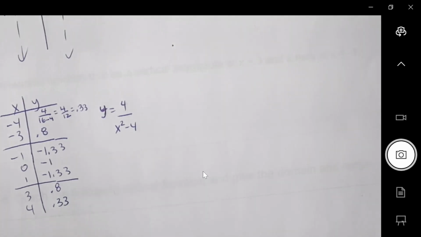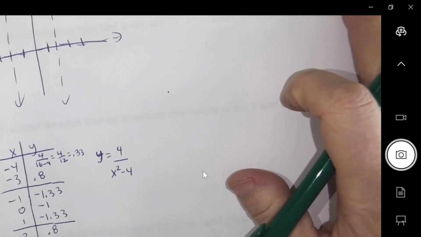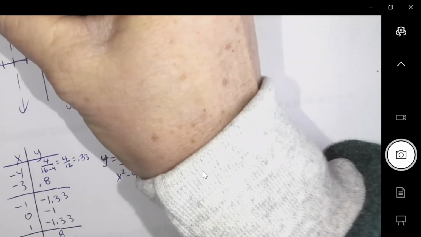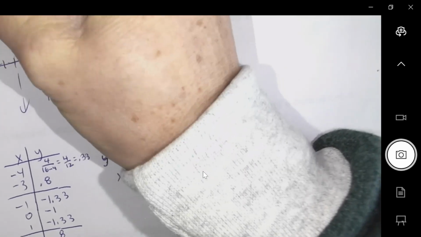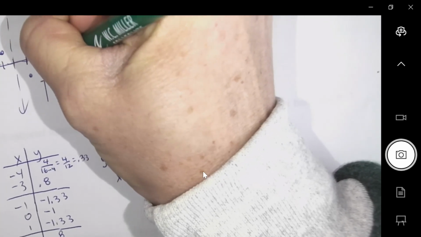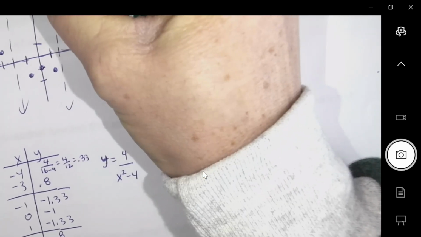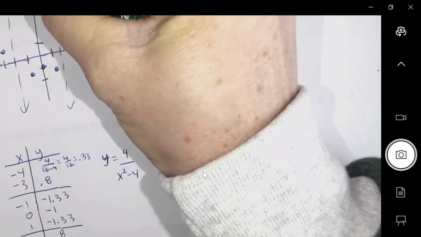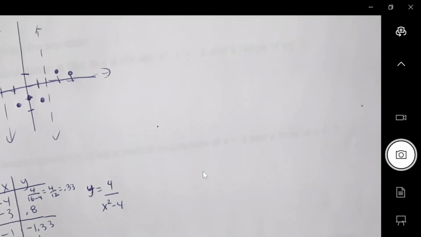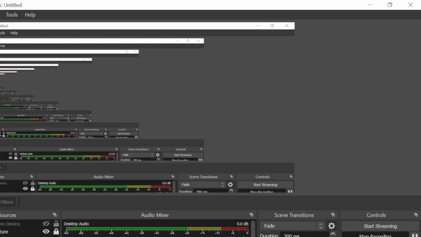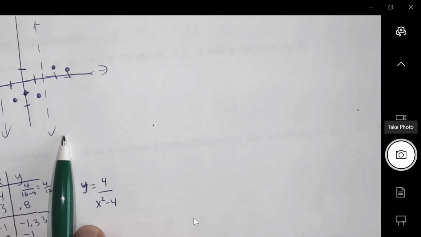Okay, graph. See if it fits with your asymptotes. Okay, so here's what my points look like.